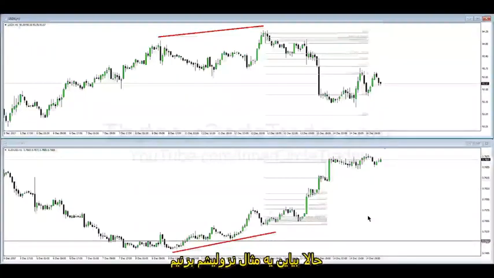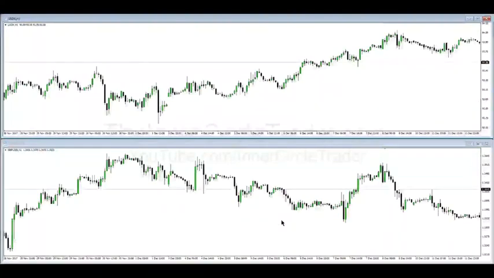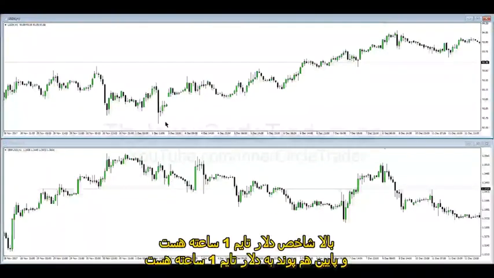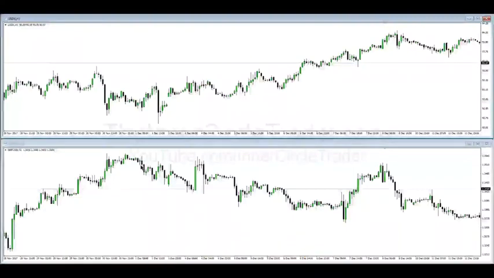So let's take an example of it being used in a bearish scenario. Okay, so here we have the dollar index on the top, hourly chart, and the cable hourly chart on the bottom.